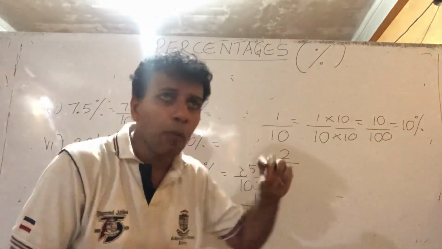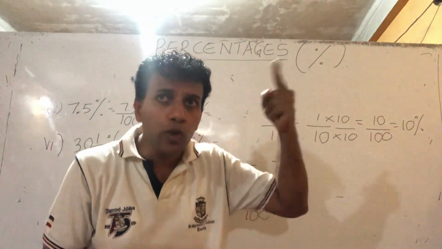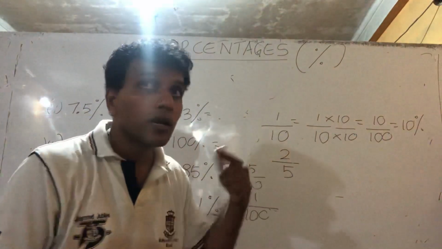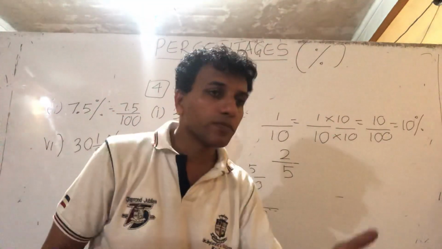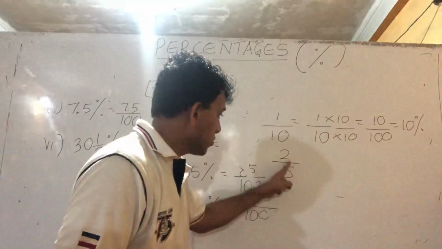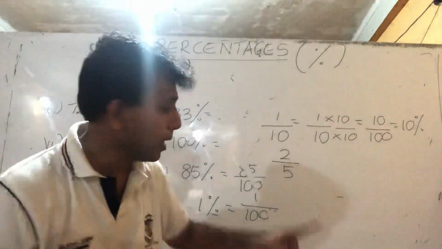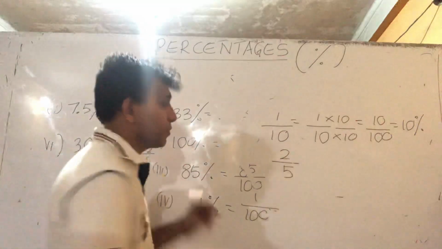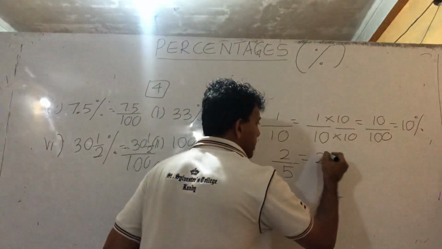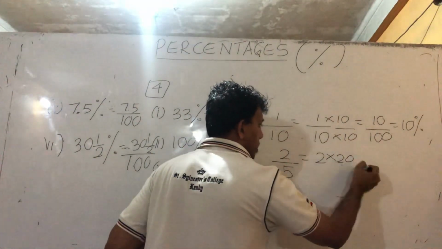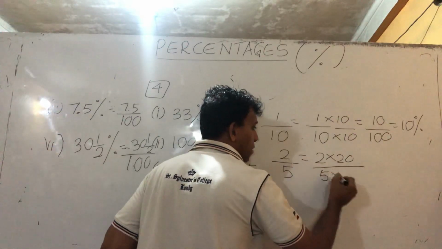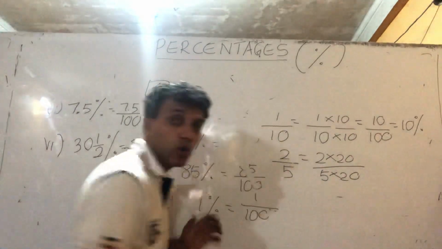How does 5 become 100? Multiply by what? 25? 5 multiplied by 25 is 125, no, 20. Multiply by 20, right? Therefore, 2 multiplied by 20, because below 5 multiplied by 20, okay?